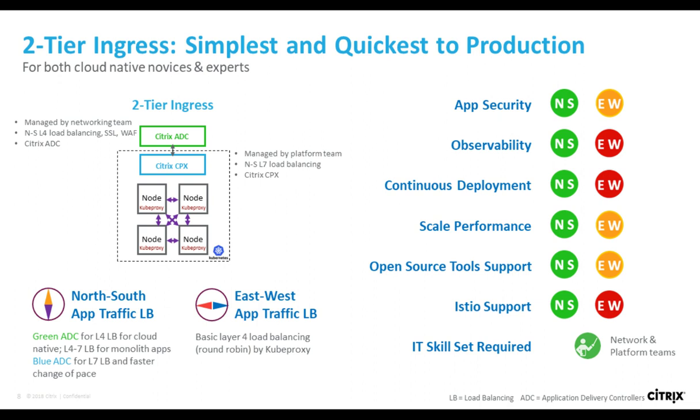For application security for north-south, Citrix ADCs offer excellent protection, but for east-west traffic between the microservices, you have to deploy network policy and segmentation, which kube-proxy doesn't offer. So you have to deploy additional products like Project Calico, but it still gives you only very basic network policy and segmentation.